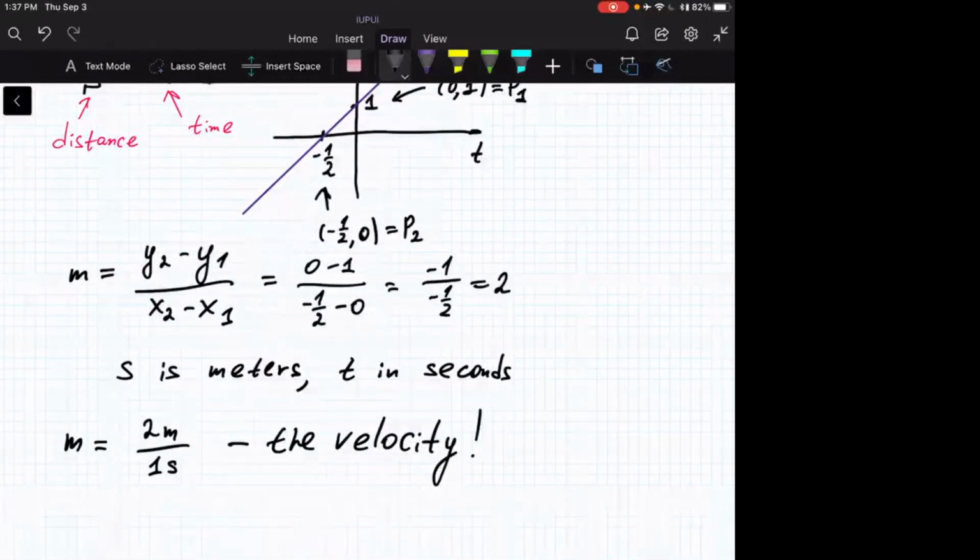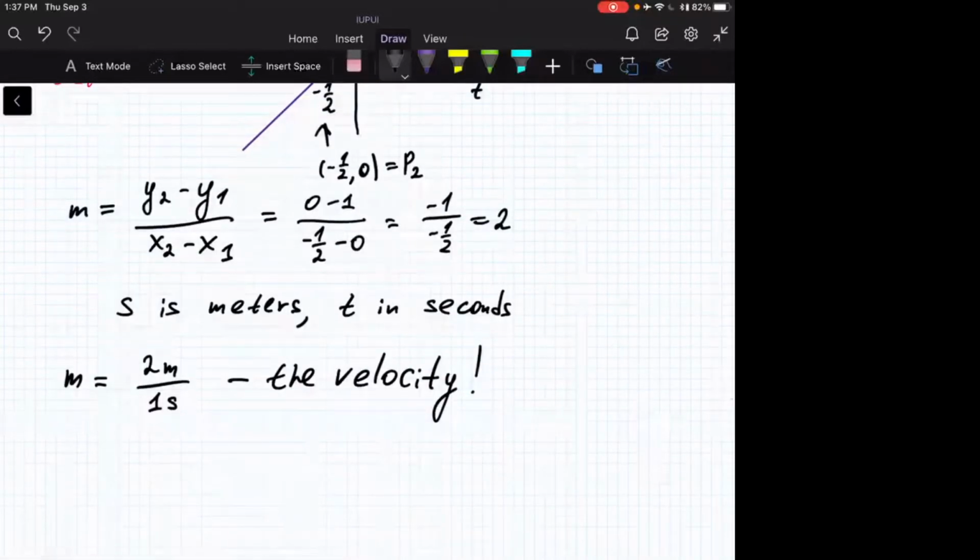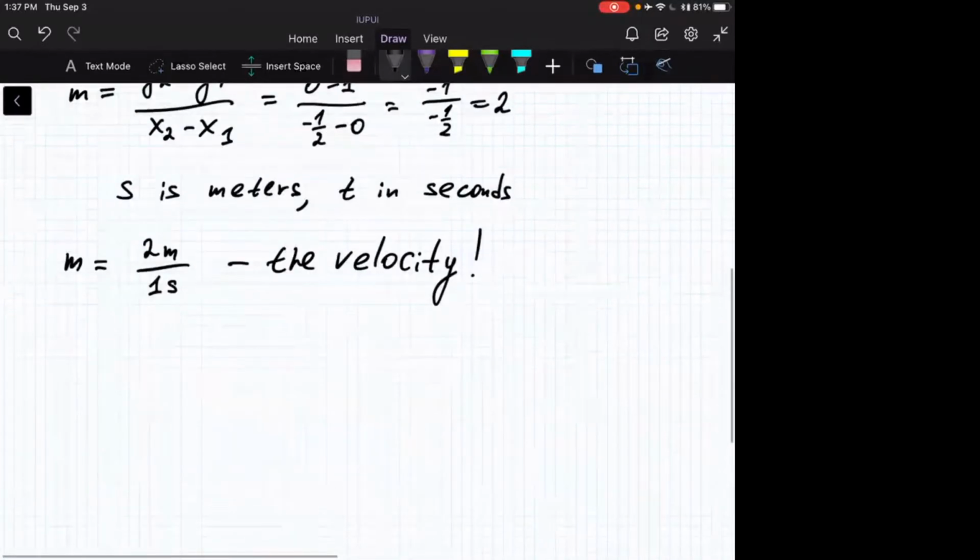But of course, in real life, we do not travel with a constant speed. If you look at our speedometer, then the needle is moving from 0 to 50 miles per hour, and then when we stop, it goes to 0. Then when we accelerate, it can go up to 100 and so on.